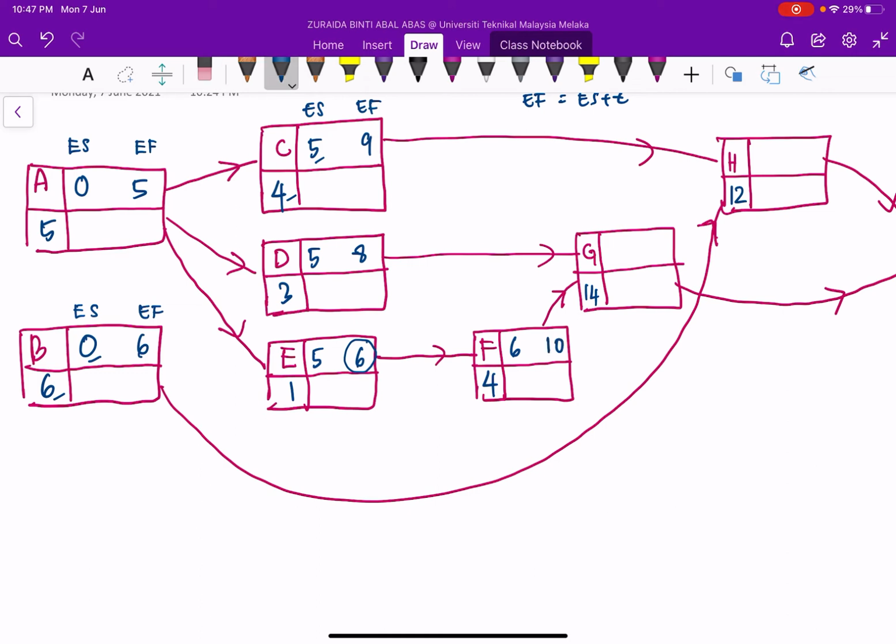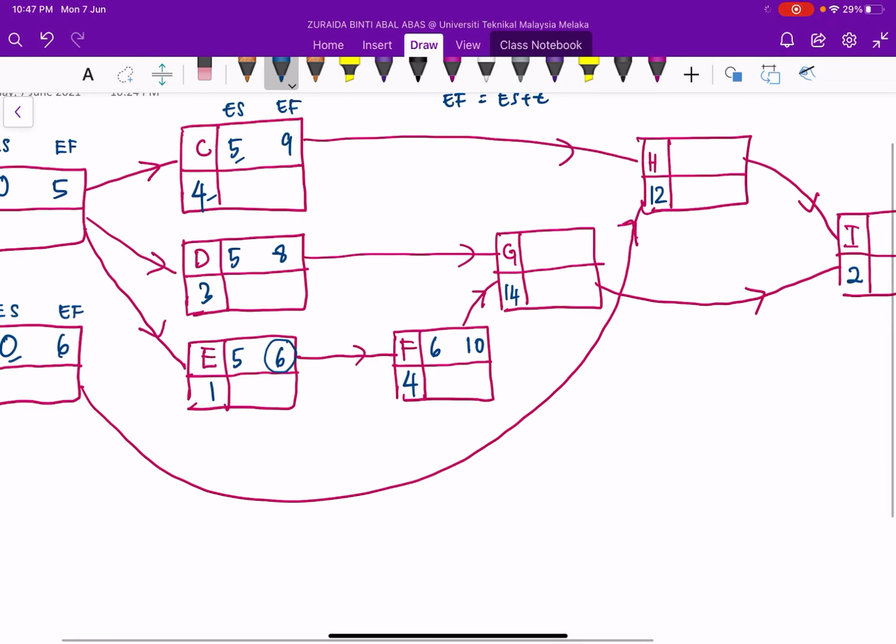Now, this is a bit tricky when you want to determine the earliest start time for G, because in order to start G, you have to make sure that D and F are completed. D will be completed at time 8, and F will be completed at time 10.